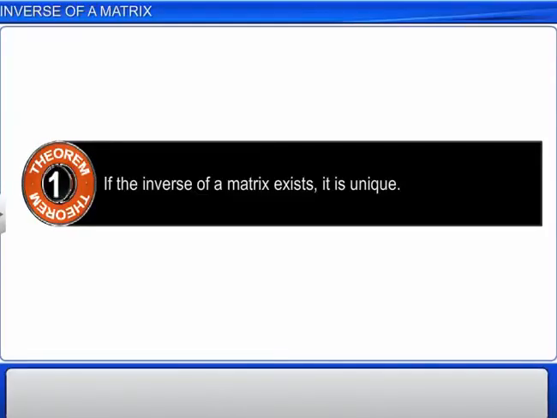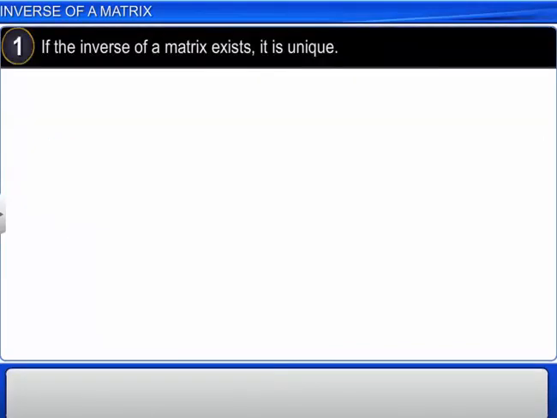There exists only one inverse for a given matrix. The theorem states that if the inverse of a matrix exists, it is unique. Let A be a square matrix of the order n by n.